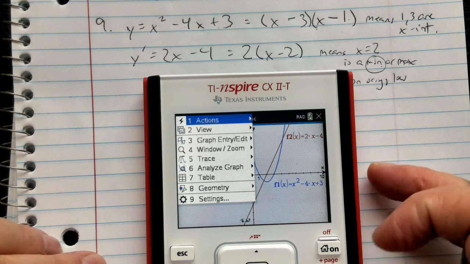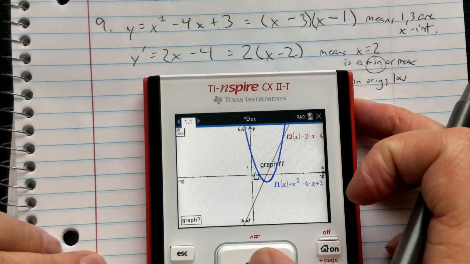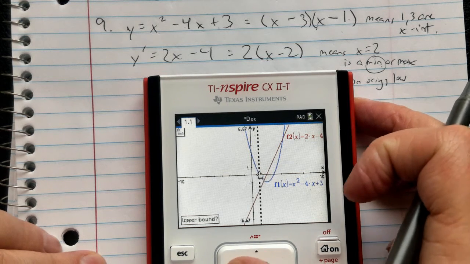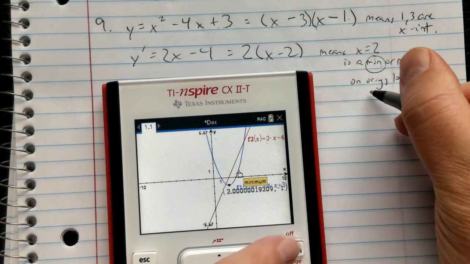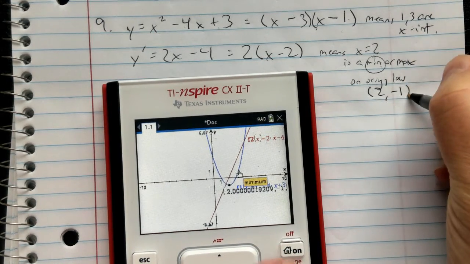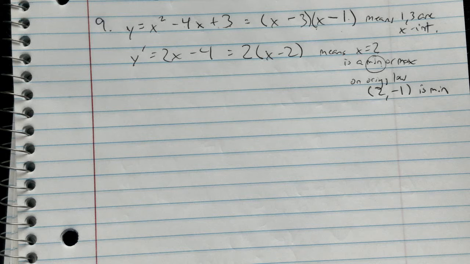We can also go to menu, analyze, minimum. Make sure you pick the correct graph and go from here to here. And you get 2, negative 1. So 2, negative 1 is the minimum.